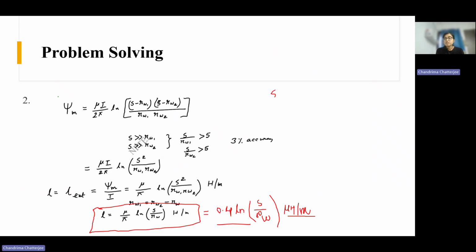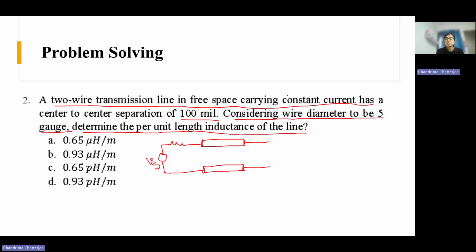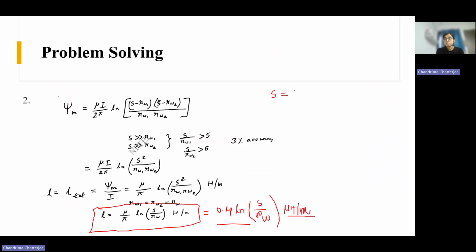Okay, so what is S? S is equal to 100 mil. This is kind of a new unit. We generally don't use mil, but this is a common unit used for distance. We will convert it to centimeter, suppose.